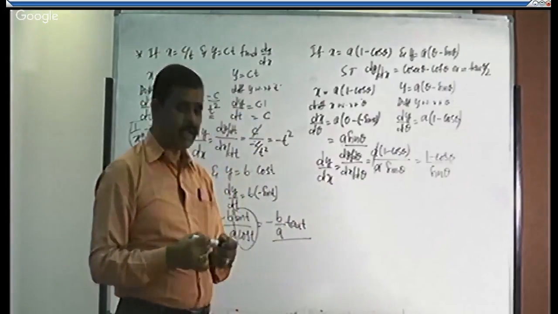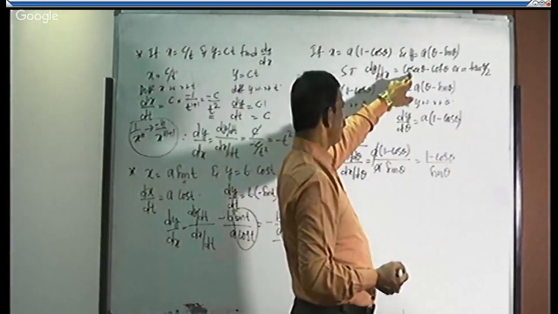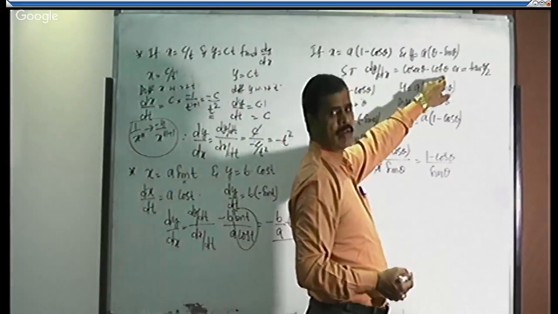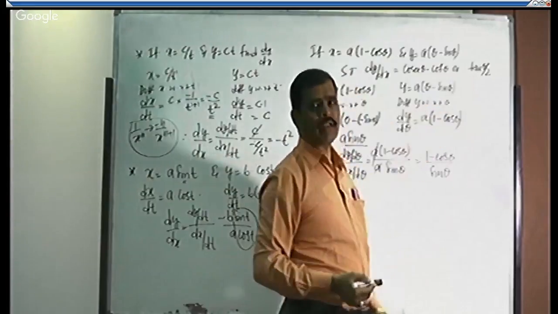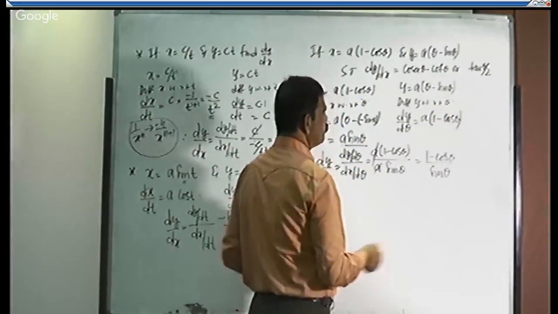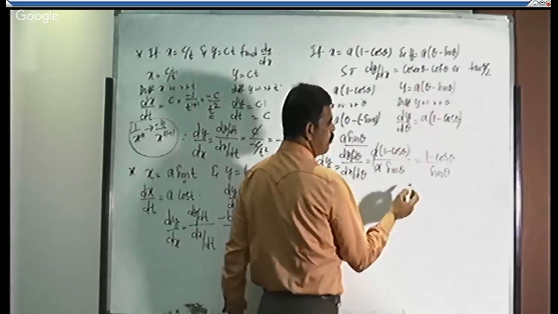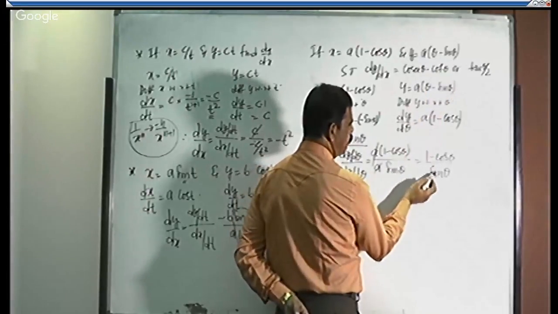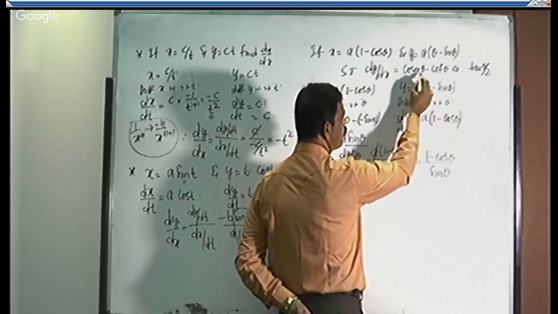But what is the required derivative? We need to prove that it is cosecant theta minus cot theta, and also we have to prove it as tan theta by 2. To get cosecant theta minus cot theta, what can we do? Divide both terms of the numerator by the denominator. You will get the first answer.